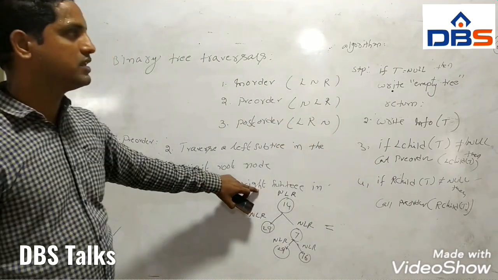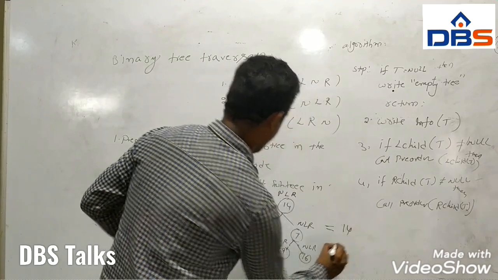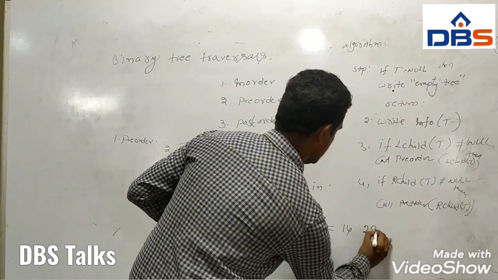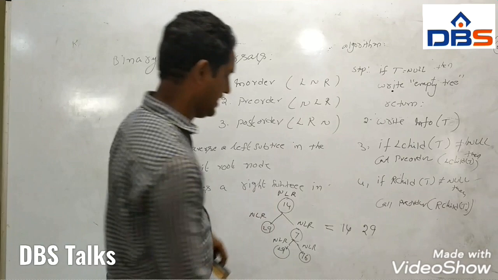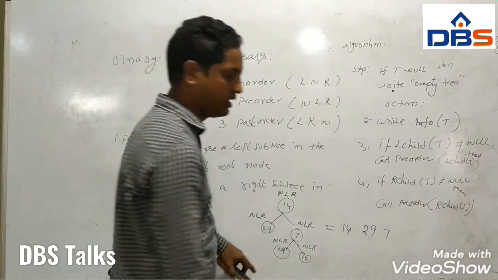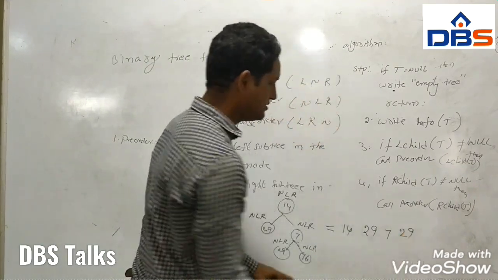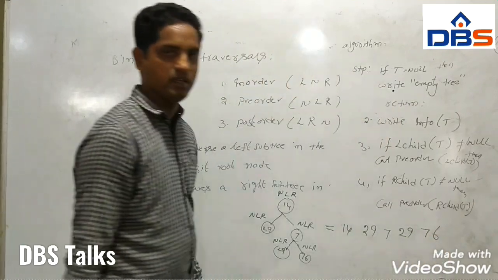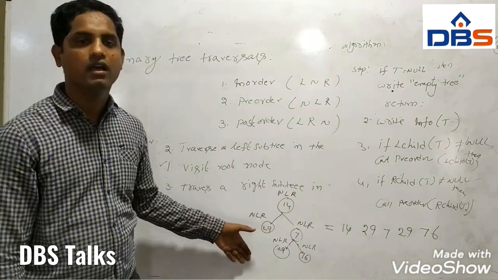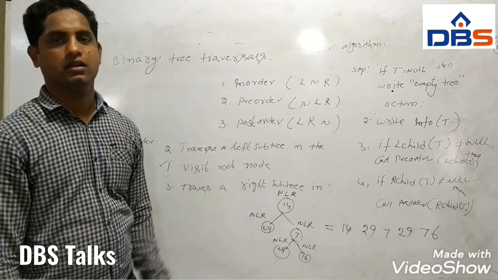The first is node, that is 40, and left one is 29. The next node is 7, then left is 29, then right is 76. In that way we can arrange the elements in pre-order.